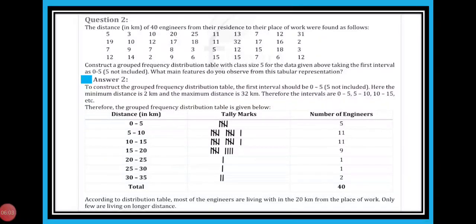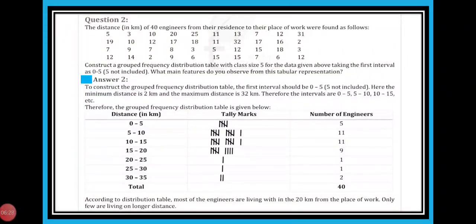Then 5 to 10, there are 11 such engineers. 10 to 15, again 11 such engineers. 15 to 20, 9 engineers. 20 to 25, 1 engineer. 25 to 30, 1 engineer, and 30 to 35, 2 engineers. Then in the last column, we have to cross check the total.